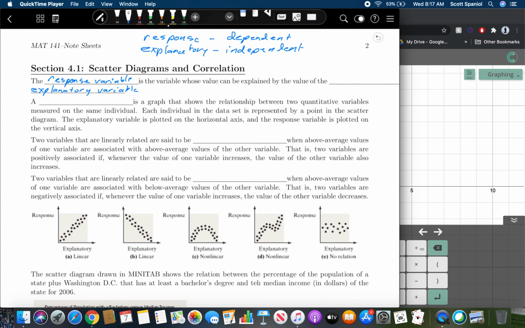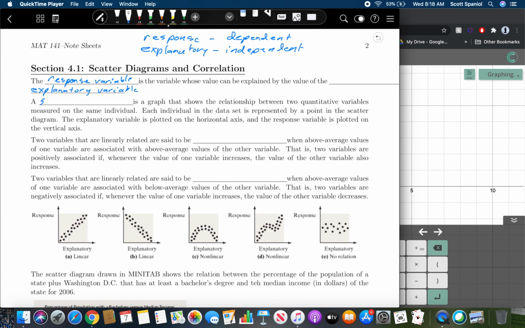The explanatory variable can be anything, but the response variable is a response to it, so it's dependent. It depends on what the independent variable is. For this course, we're going to use response and explanatory, but in other classes, you may have seen dependent and independent.